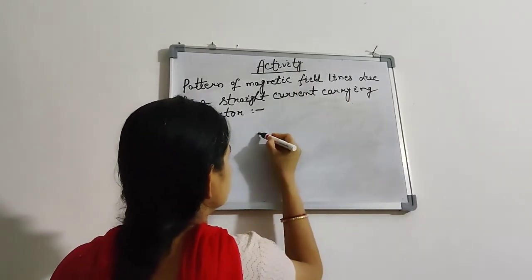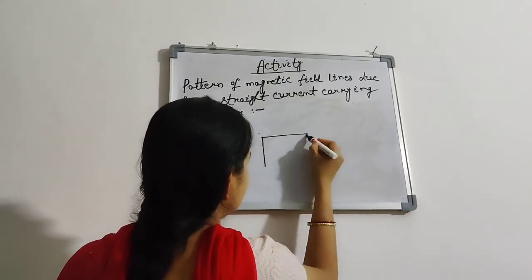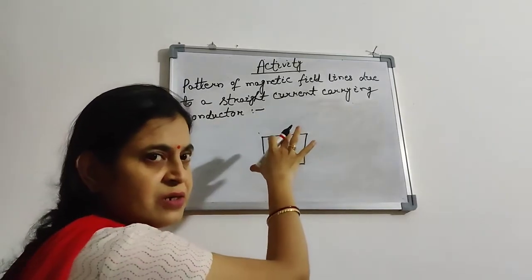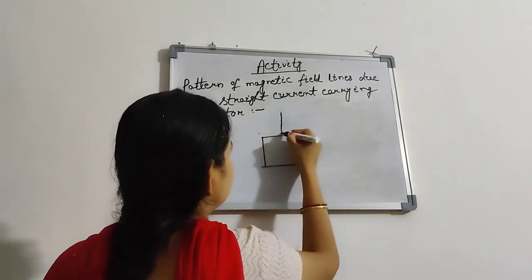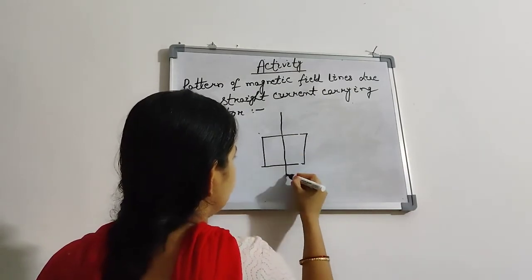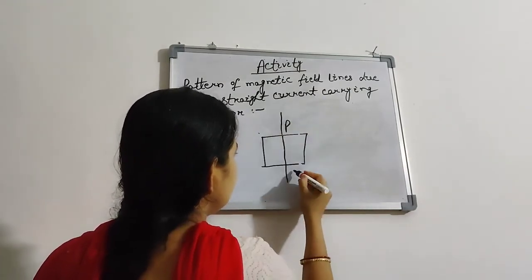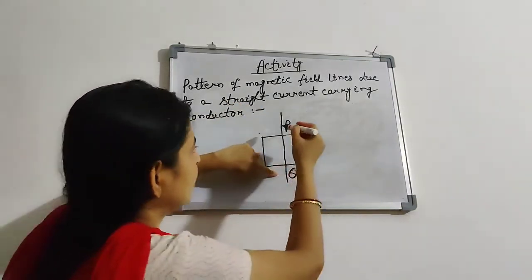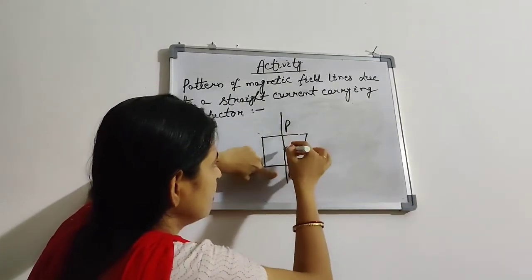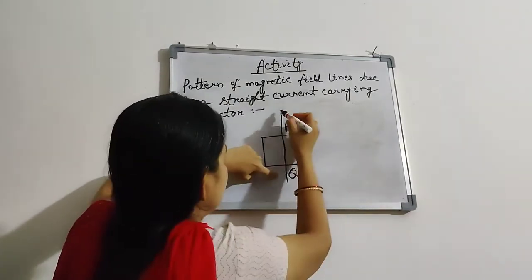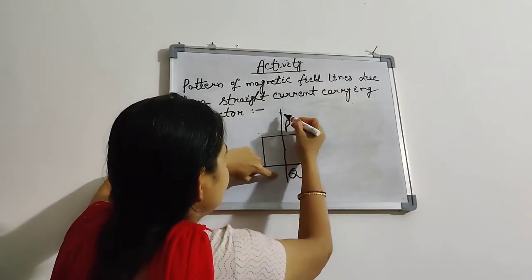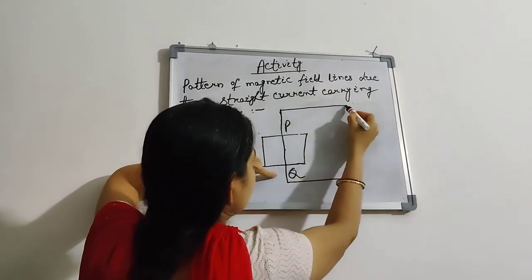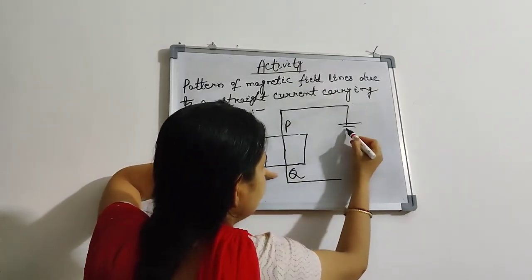So first take a cardboard which is placed horizontally. PQ is a straight conductor which is passing smoothly through the cardboard, and the two ends P and Q are connected to a battery.